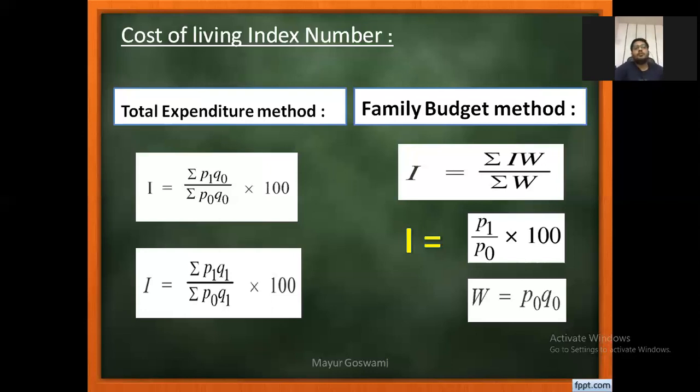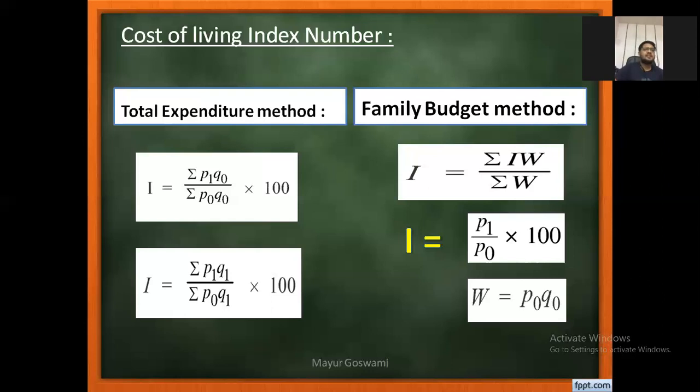When you multiply P0 into Q0, you get W, that is weight, right? So these are the two methods, total expenditure method and family budget method. Just keep in mind, for the total expenditure method, you can use either the last year's method or Paasche's method. And for family budget, only one method you have to keep in mind, which is weighted, right?